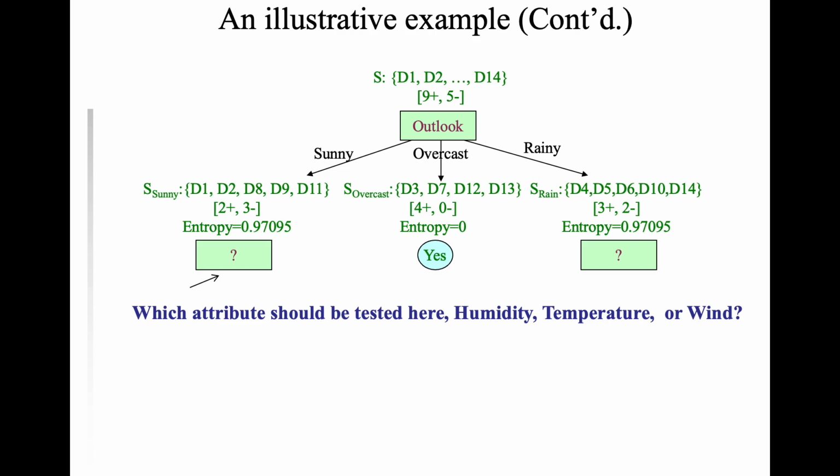The weighted sum of the entropies of the remaining features. So for example, you have to calculate the entropy of S Sunny with respect to temperature, for example, high or normal, humidity high or normal.